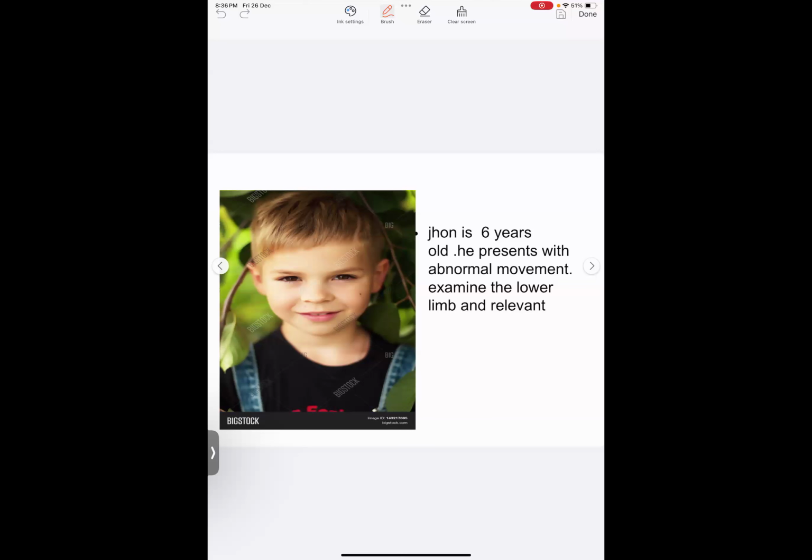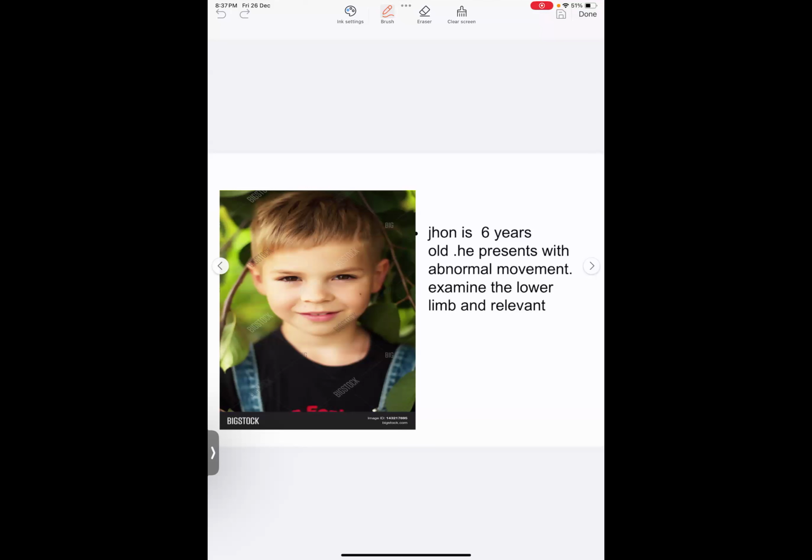After taking permission, first of all, I should make a general observation of John: his head size, shape, any shunt, any scar mark on his head or body, any squint, any abnormal speech pattern, and any abnormal movement or abnormal gait.